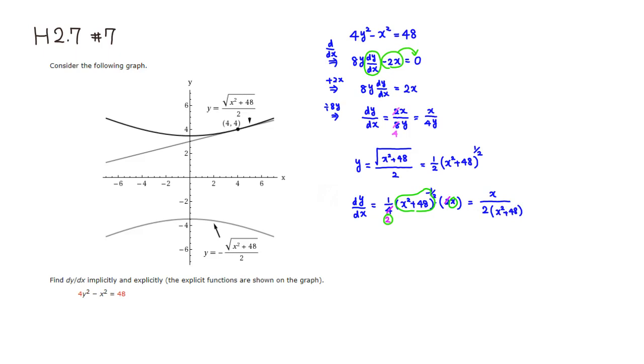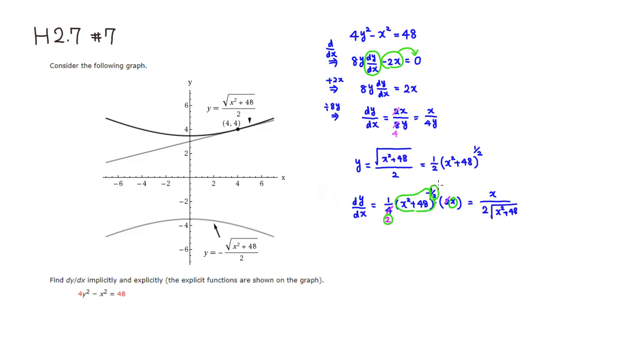We still have the 1/2 power, so we put the square root over that. That took care of everything.